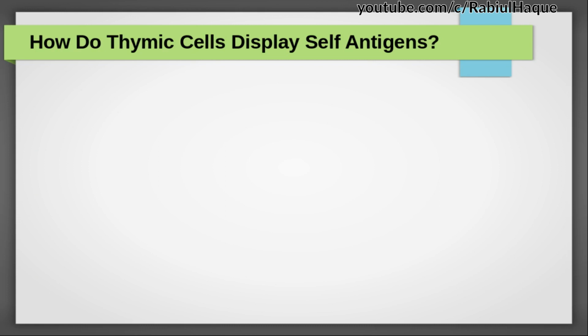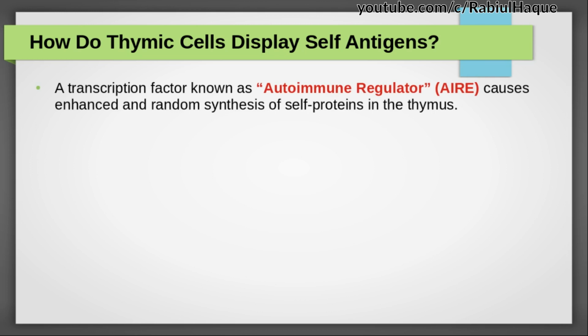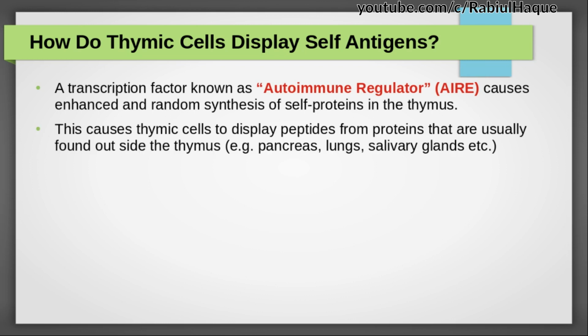Or how do these thymic cells present peptides that are found outside the thymus, for example, in the pancreas or lungs or salivary glands, etc.? This is a very interesting question, and the answer is a transcription factor known as autoimmune regulator, which causes enhanced and random synthesis of these self-proteins in the thymus. This causes the thymic cells to display peptides from proteins that are usually found outside the thymus.